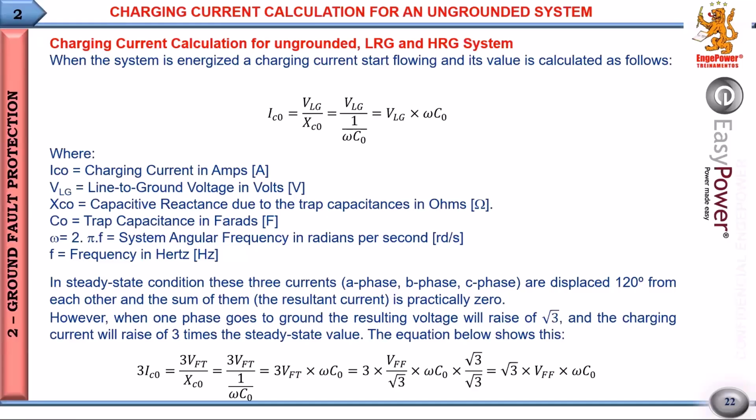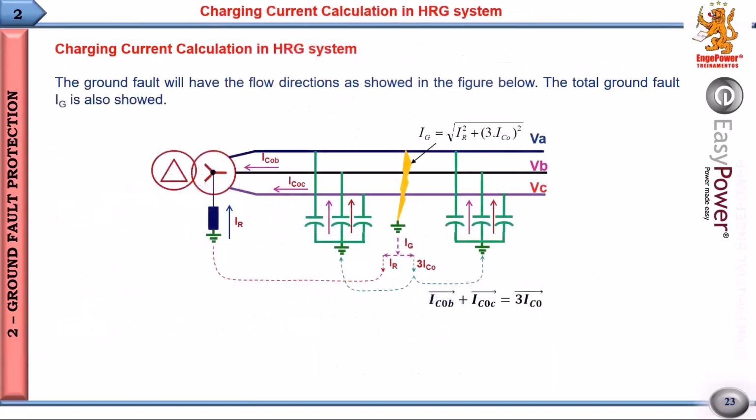We are going to show that when a fault happens in an ungrounded or resistor grounded system, a current appears equal to 3 IC0. And this 3 IC0 is calculated by multiplying this equation by 3. This is done here. Okay? We are going to show you why it is 3 IC0.